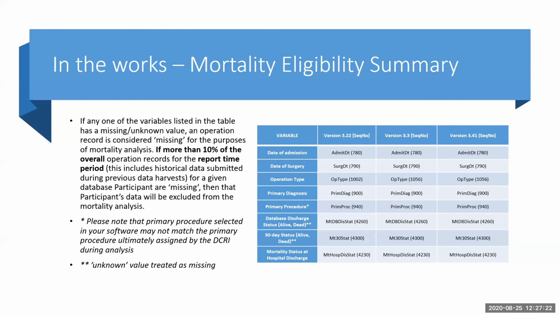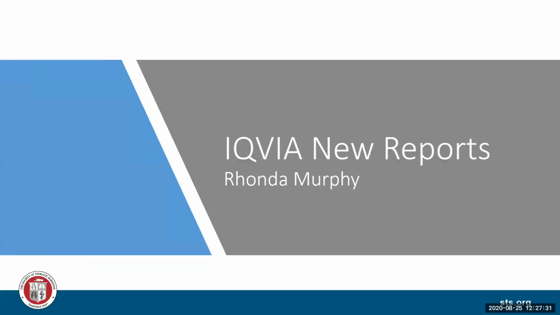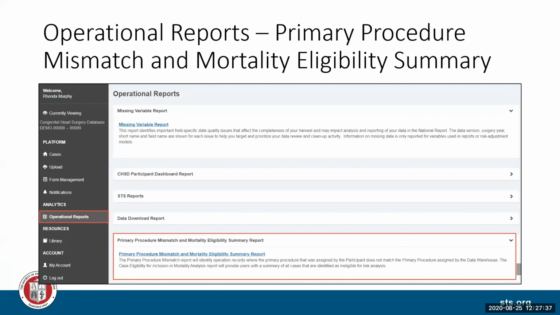All right, now we can get back into the good stuff, the new stuff. Let me introduce Rhonda. We have new reports to share with you all. Rhonda Murphy is a senior business analyst on our team, and she is going to be walking you through those 2 new reports. Rhonda, over to you. Hi, thank you, Melanie.